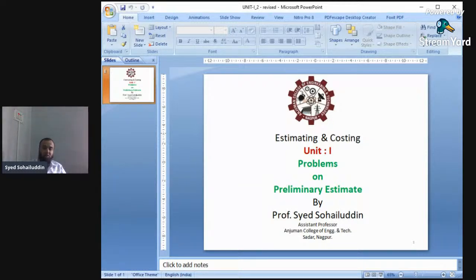So there is an Excel sheet here. So in this Excel sheet, whether this Excel sheet is visible, please comment whether this Excel sheet is visible.